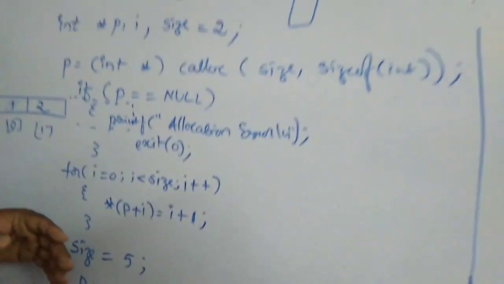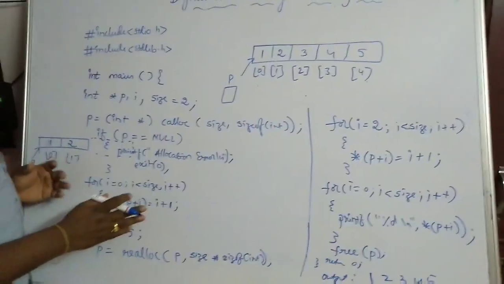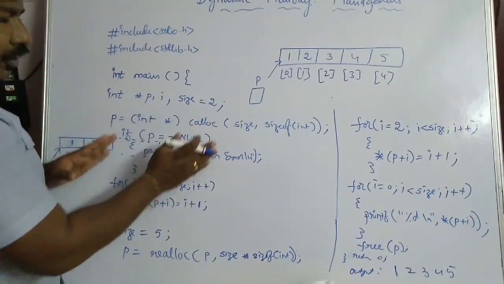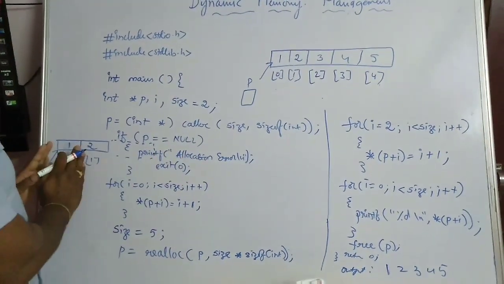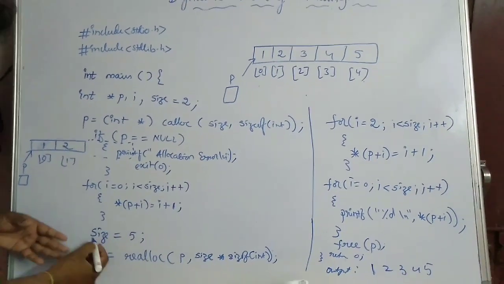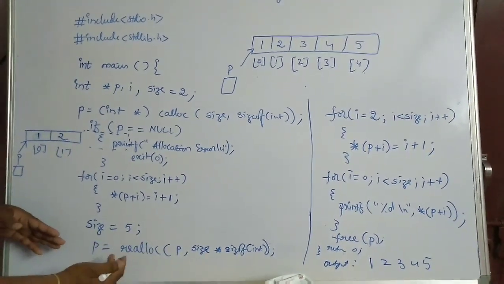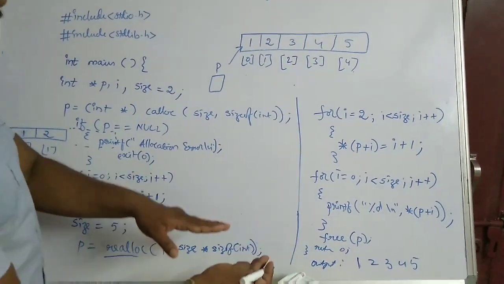Okay friends, from this example, the key points to observe are: we created an array with calloc with some initial size 2, and we placed the elements into it. Later I wanted to increase the size of the array, so I took the size as 5. With the realloc function I asked to create an array with size 5.